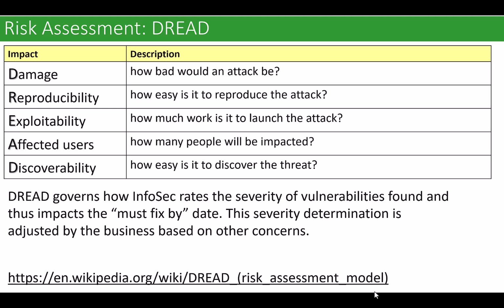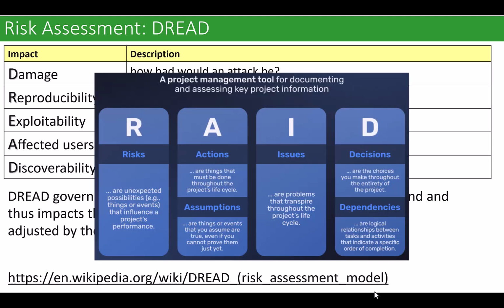Generally, they're quite nervous about security, so their general instruction to us is fix it if you can, watch for it if you can't, and put all of the things that you find or could find into your backlog and also into your RAID log. Your RAID log is your risk management log, and we talk about that in other videos.